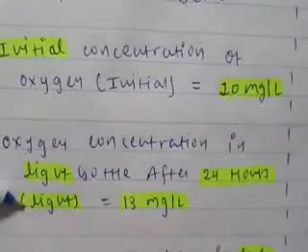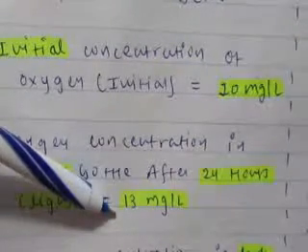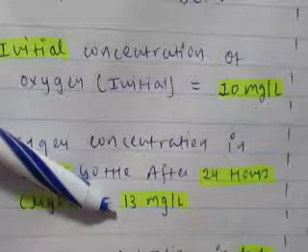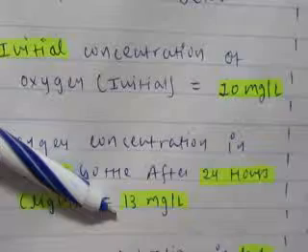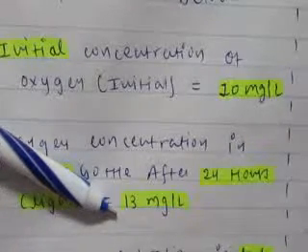Now in the presence of light, oxygen concentration is increasing, from 10 to 13, that is 3 milligram per liter increase. That is due to the process of photosynthesis, and during photosynthesis oxygen is produced and carbon dioxide is utilized, right?